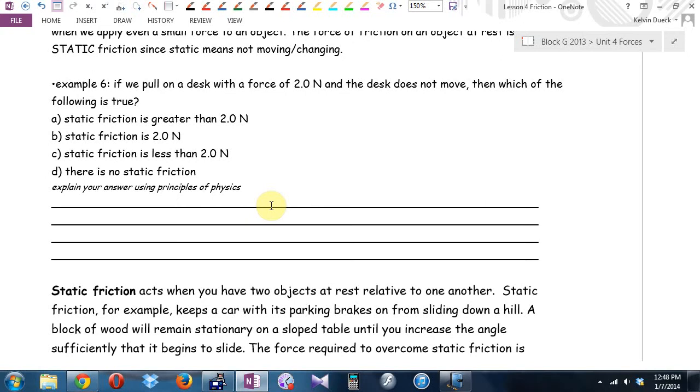You know what? Once again, I think this is a chance for us to vote. How high you hold your hand up is how sure you are of the answer. Positive? Pretty sure. Okay. So again, if you pull on a desk with exactly 2 newtons of force, which of the following is true? Who says A? 1, 2, 3, 4, 5, 6, as peer pressure takes us.